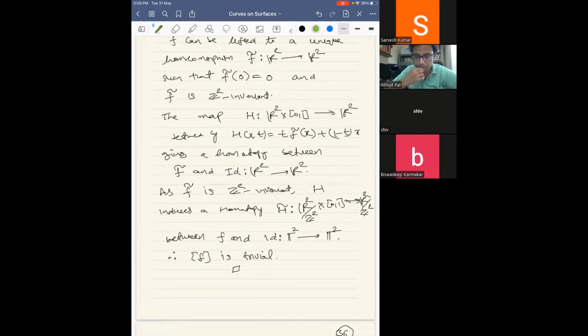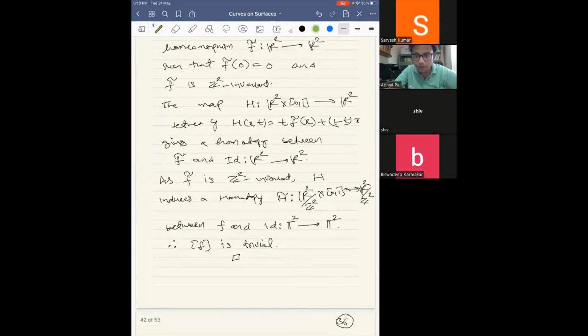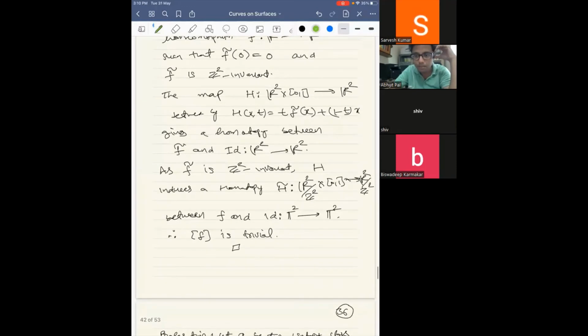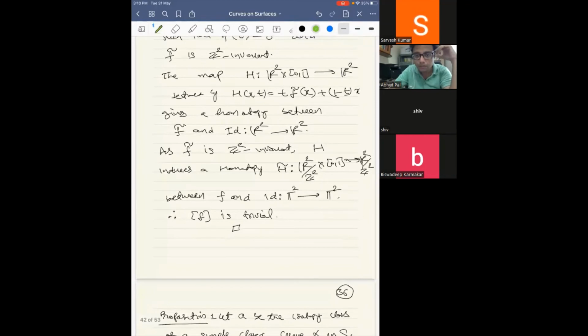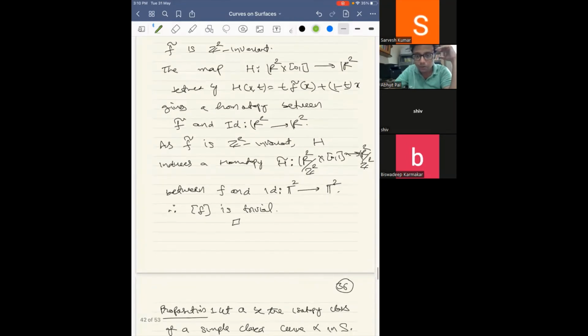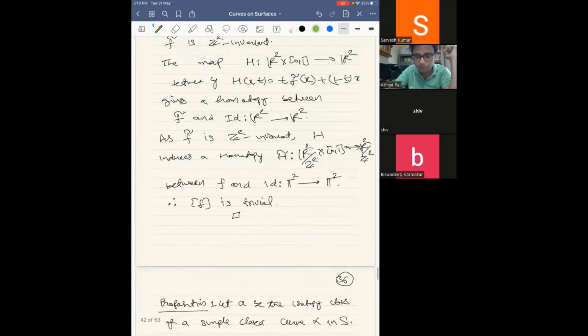Why will it even give a map, let's not talk about homotopy? What I was thinking is H from R² cross the closed interval [0,1] to R², and then you compose with the quotient map from R² to R² mod Z². That will give you a map from R² cross [0,1] to R² mod Z². But I know F tilde is Z² invariant, so why will it induce a map?